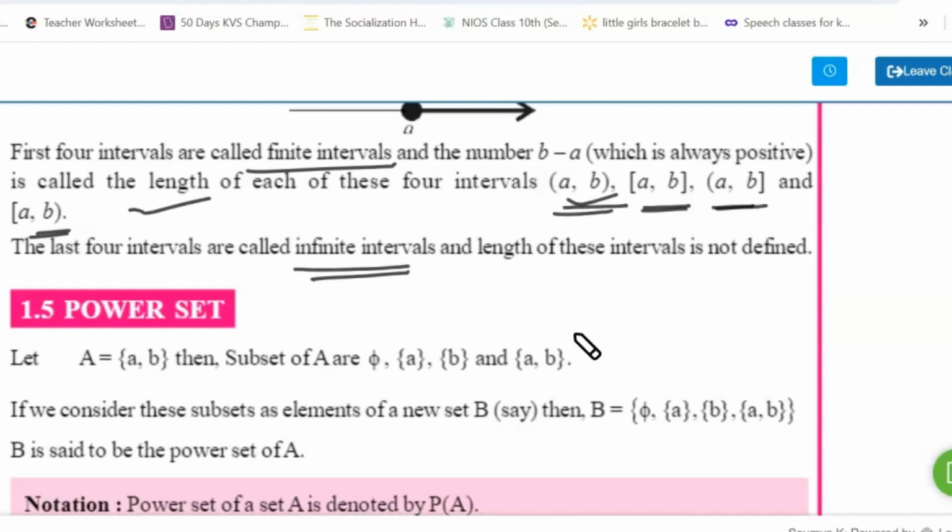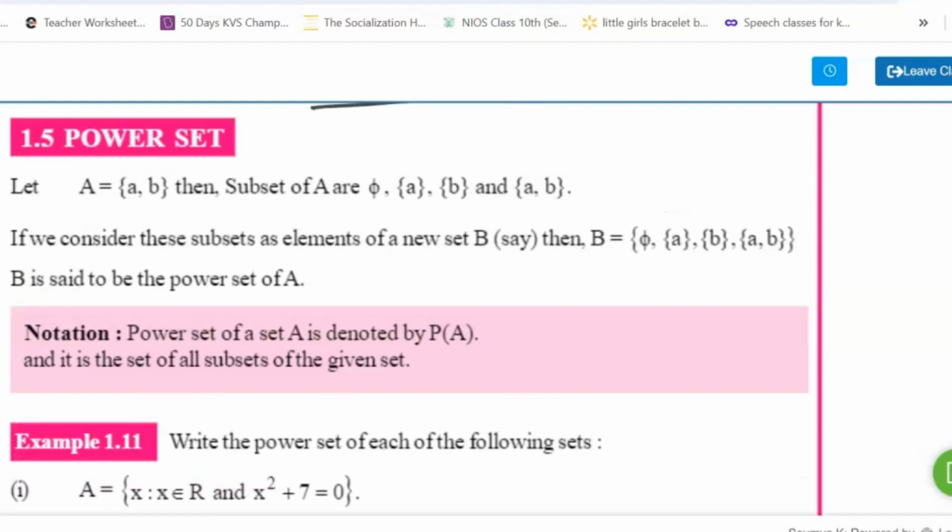Let's go to the next topic, that is power set. Power set means the set of all the subsets. Set of all the subsets is known as power set. Let's see how it is done. If you take this set A with a and b as the elements, its subsets will be the empty set and the original set, then individually a and individually b.